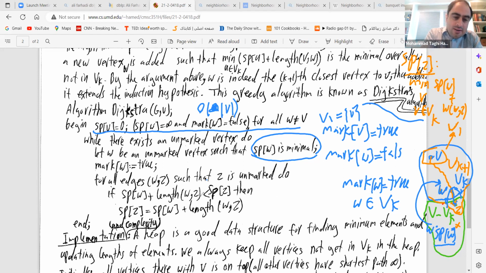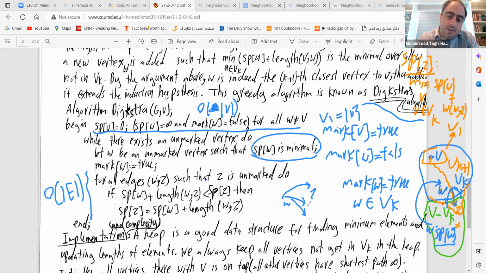All this part would be order E, because each edge we see exactly once. Each edge W to Z, we will see only once. This is the time that we are seeing W, and then updating all estimates for Z prime, Z double prime, etc.